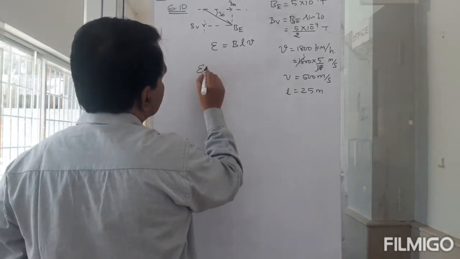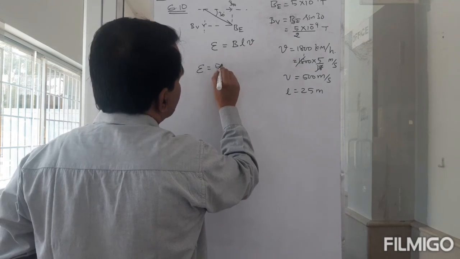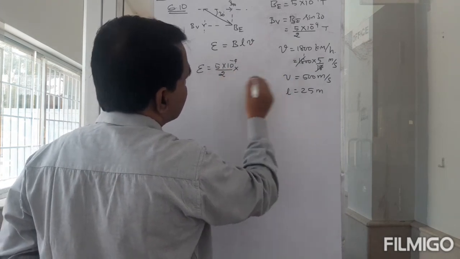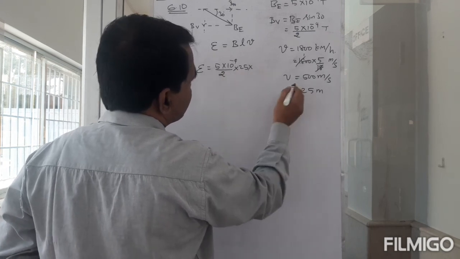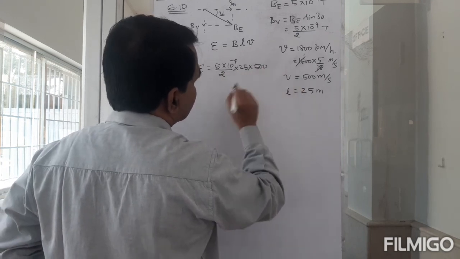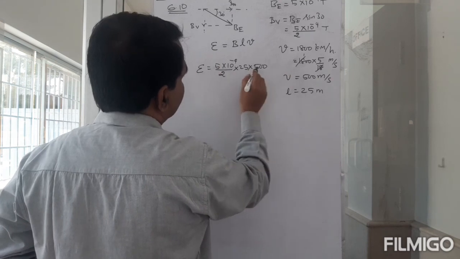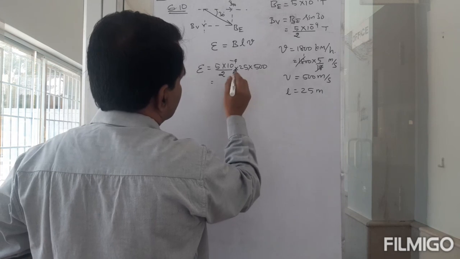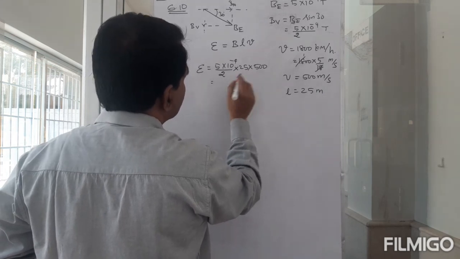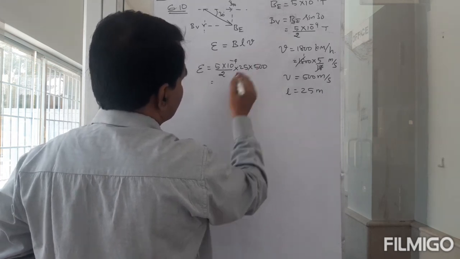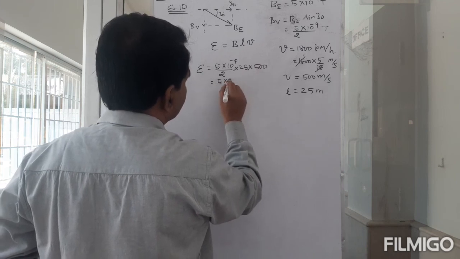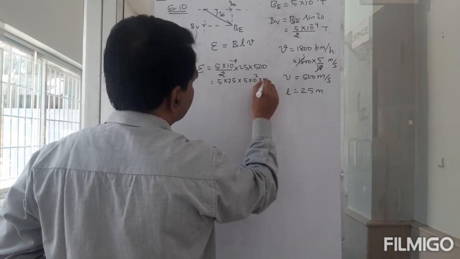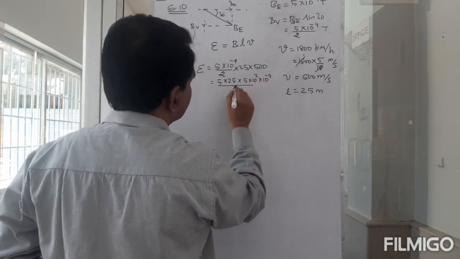So E is equal to B, which is 5 into 10 power minus 4 by 2, into length 25, into the speed 500 meters per second. I'll take it slightly differently. So 500 is 5 into 10 power 2. So 5 into 25 into 5 into 10 power 2 into 10 power minus 4 by 2.